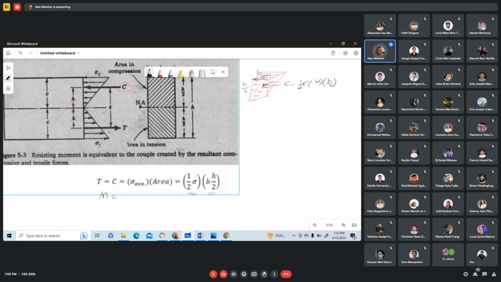This is the resisting moment in that direction. That's a resisting moment, equal to the magnitude of the couple, equal to 1/2 times sigma times B times h/2 multiplied by the distance E. That distance there, distance E.